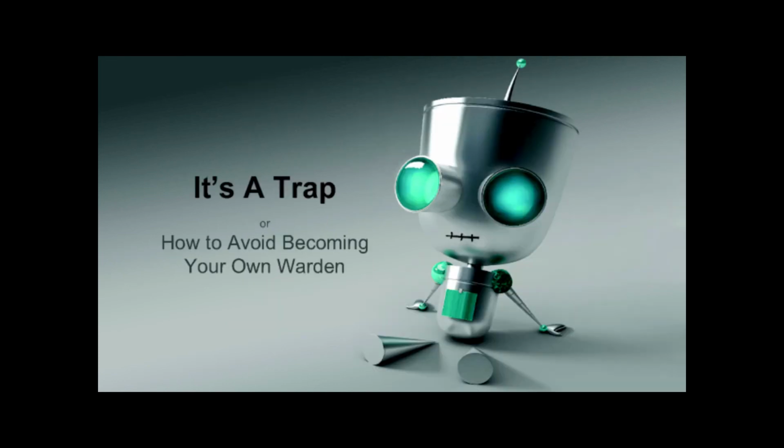So it's travel. Or how to avoid becoming your own warden. This is something that when you get into automation systems, you really start to cause yourself problems very, very quickly, a lot of the time. It's really easy to design for what you're doing today and leave it at that.